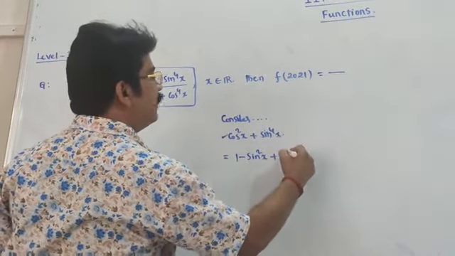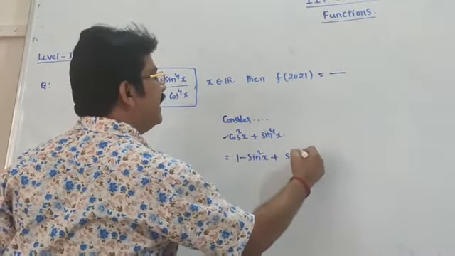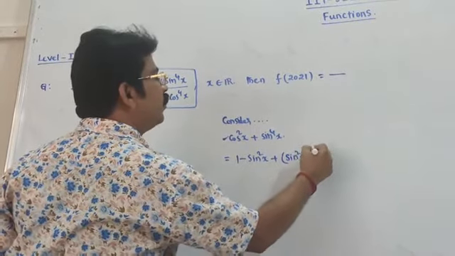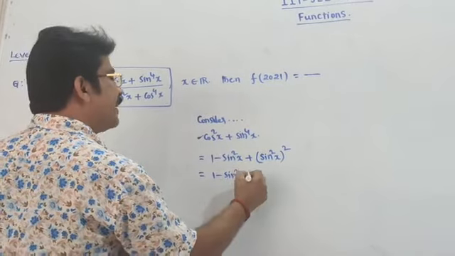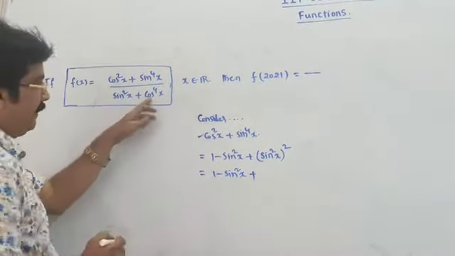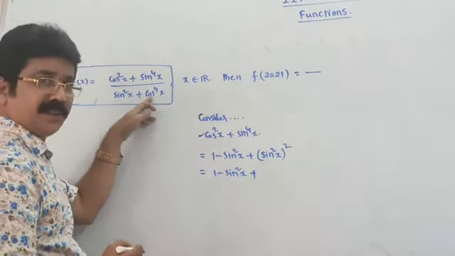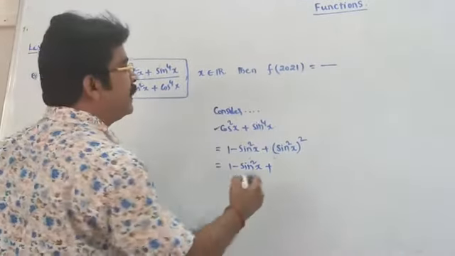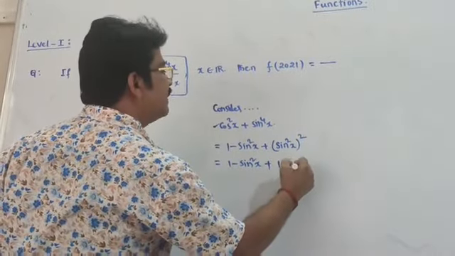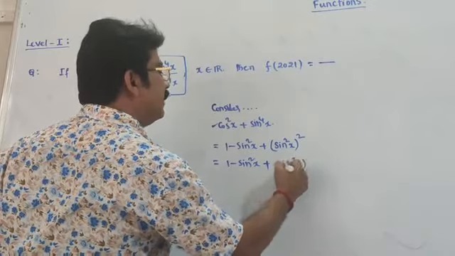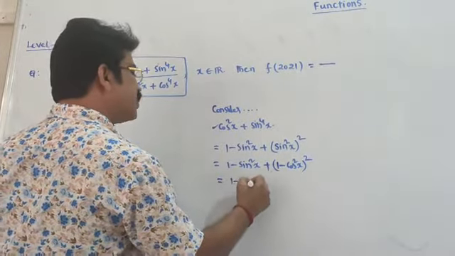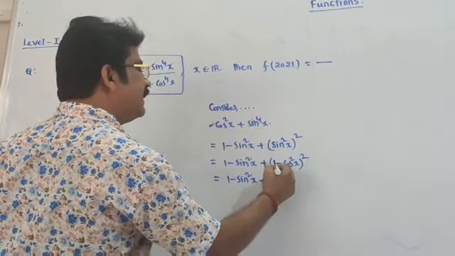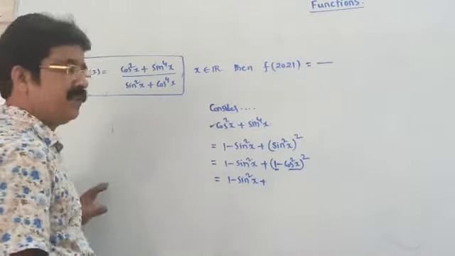Next, sin to the power of 4 can be written as sin square whole square. So that is equal to 1 minus sin square x plus, next we should obtain in terms of cos to the power of 4 also, that's why this is 1 minus cos square x whole square. So that is equal to 1 minus sin square x plus, it is in the form of a minus b whole square.